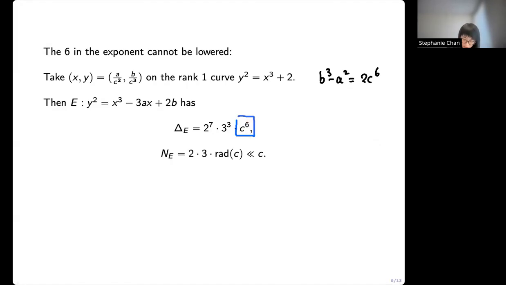So comparing these two terms, you see that logarithmically it's at least 6 times. So just writing down the conclusion here, from this construction you will get an infinite family where the Szpiro ratio is close to 6.